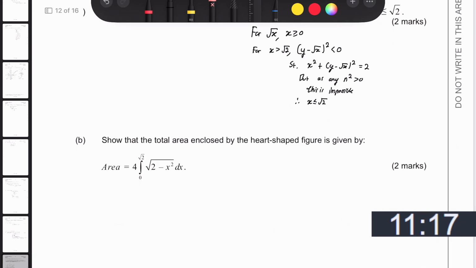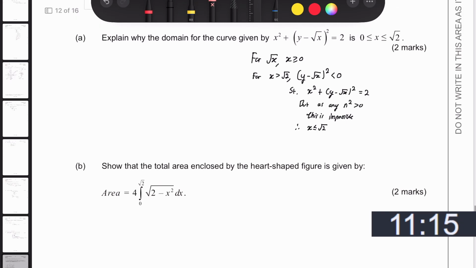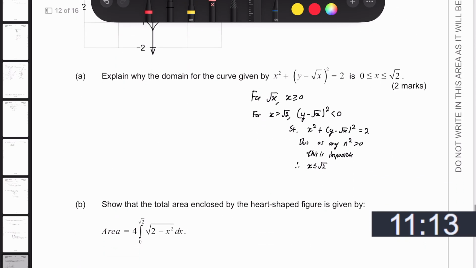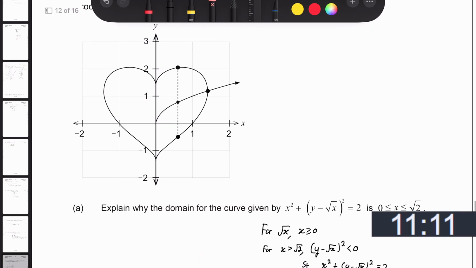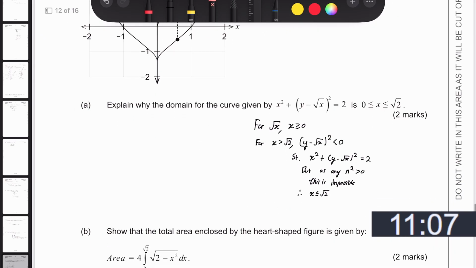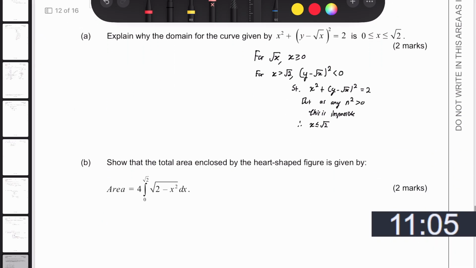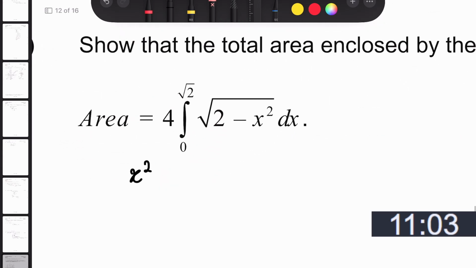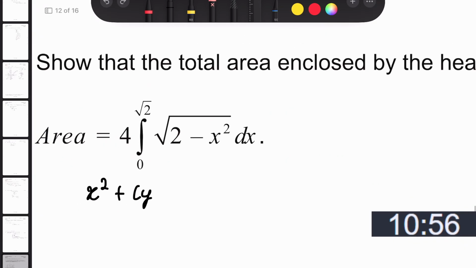Show that the total area enclosed by the heart-shaped figure is given by that. So we want it in terms of y. So let's say x squared plus y minus square root of x, squared, equals 2.